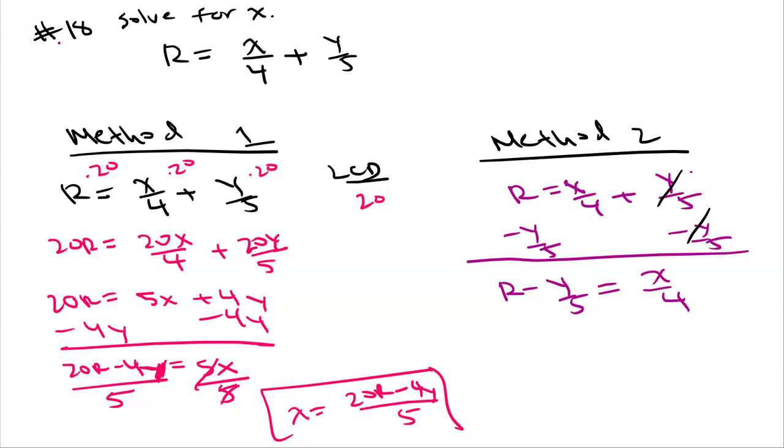Okay, so then what's our last step here? Or maybe second to the last step. Remember, our goal is to get x by itself. So how do we do that?